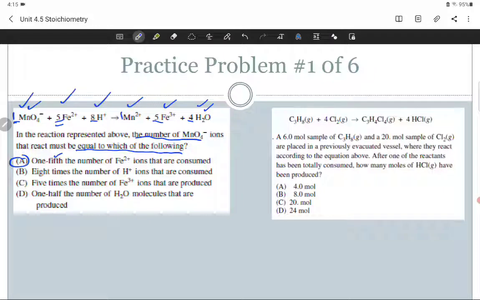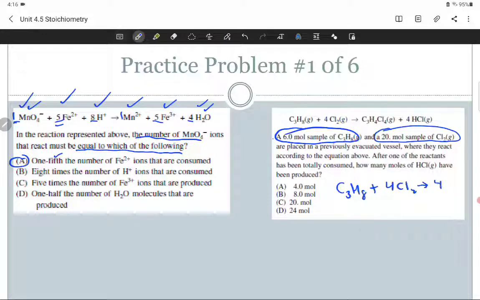Next one, we have 6 moles of propane and 20 moles of chlorine gas. After the reactants have been totally consumed, how many moles of HCl have been produced? So I'm going to rewrite this down here in terms of the ICF.